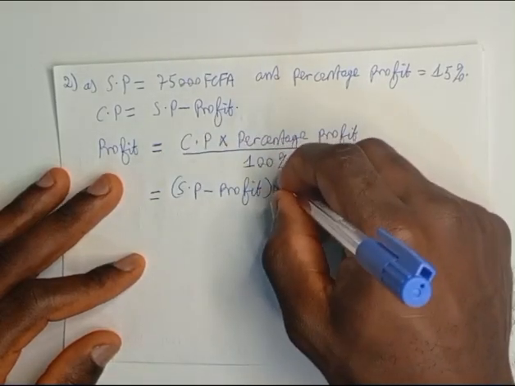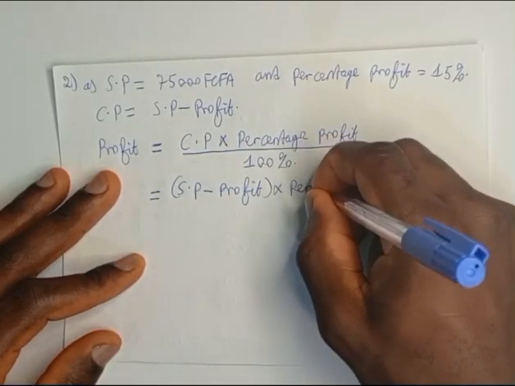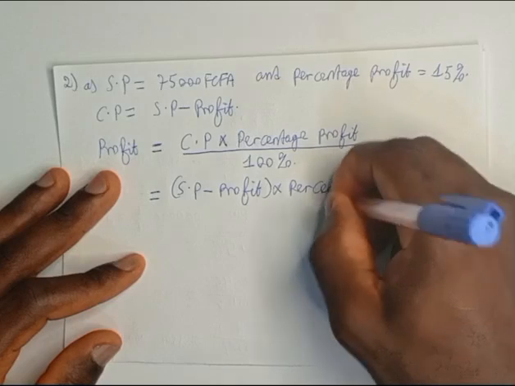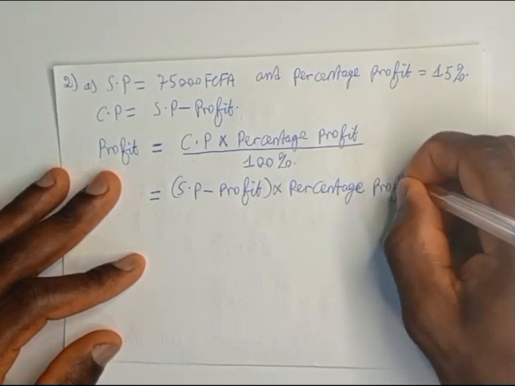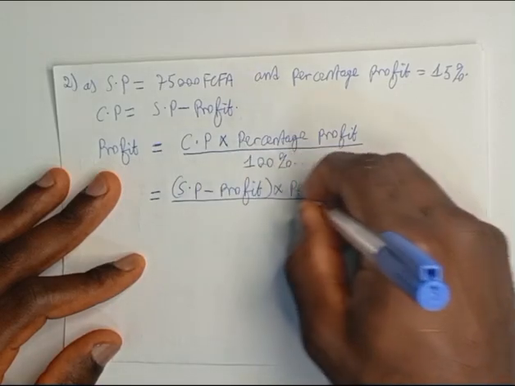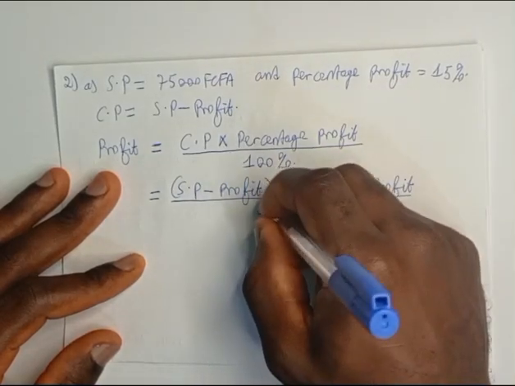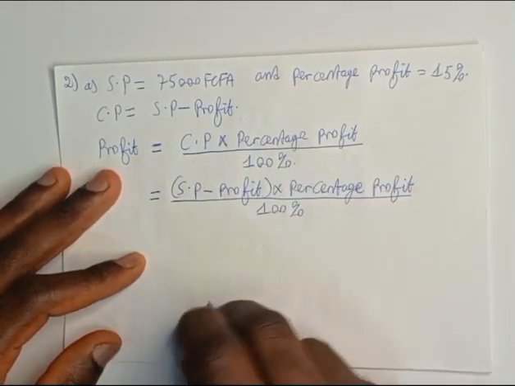Then we multiply by the percentage profit. Then we divide all this by 100%.